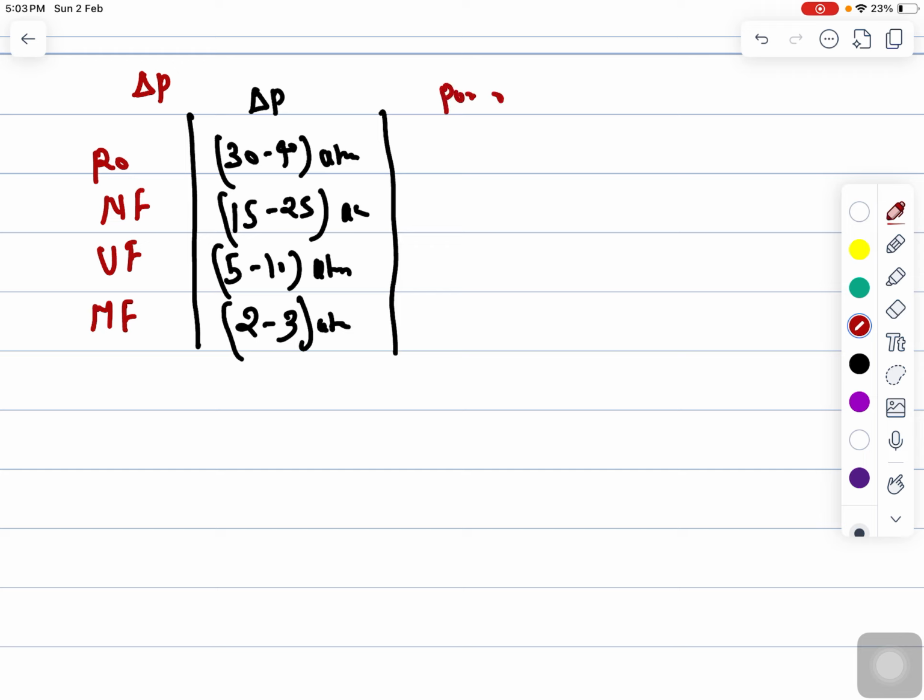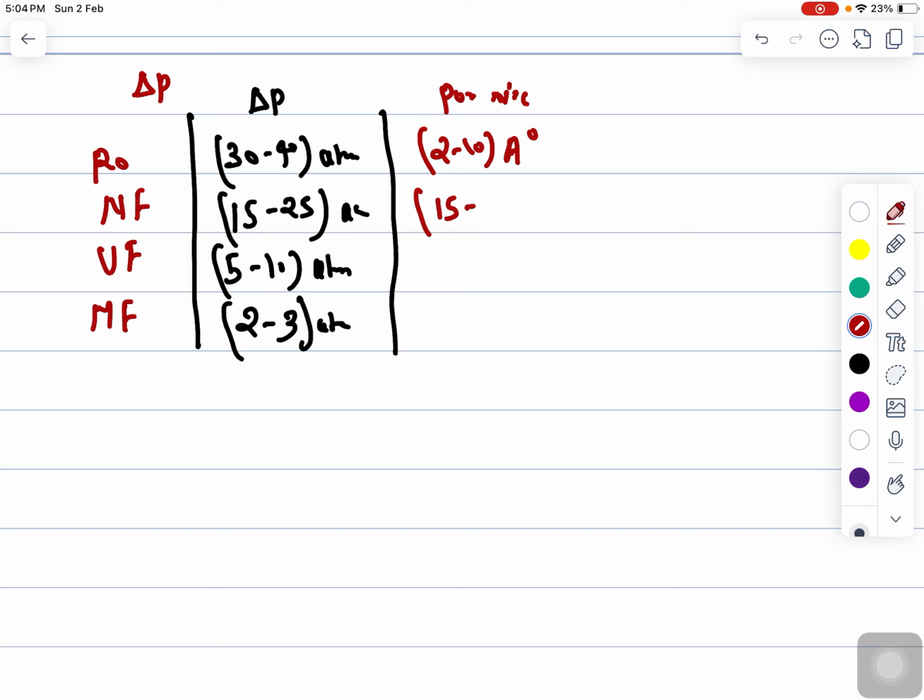If I am talking about pore size, we have seen that the pore size here was the lowest, 2 to 10 angstrom.